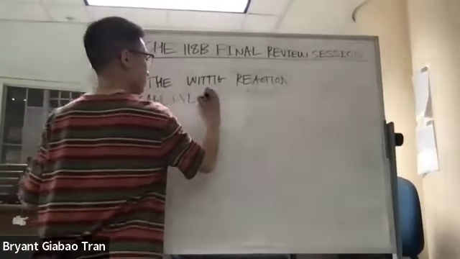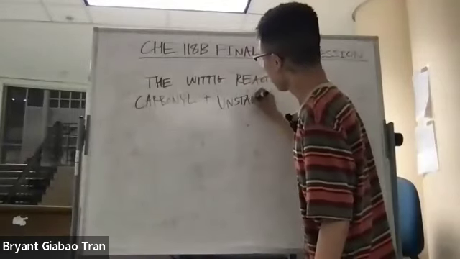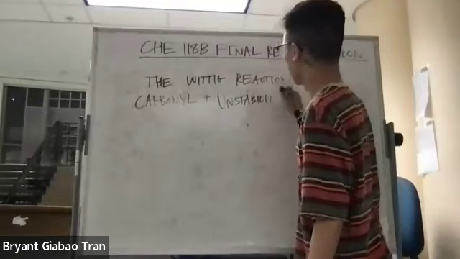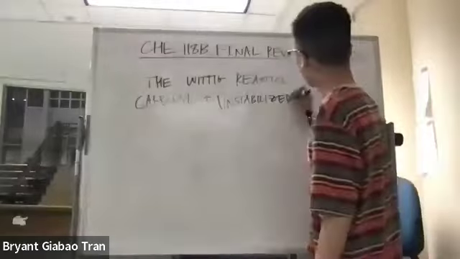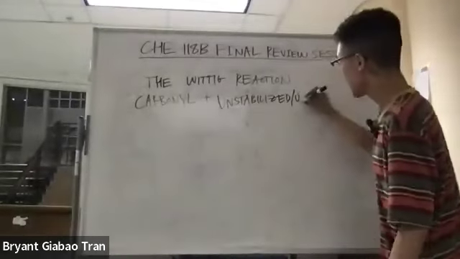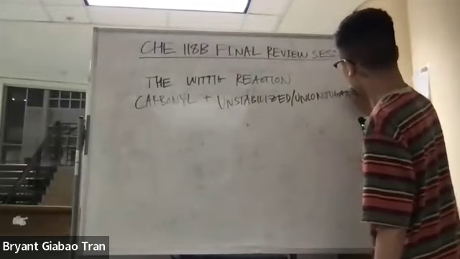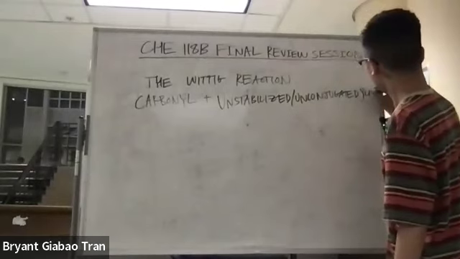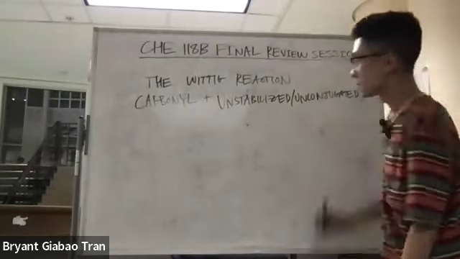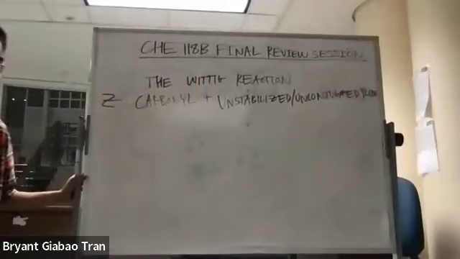Carbonyl plus, Pascal calls it unstabilized, or you could say unconjugated, ylid will give you a Z alkene.